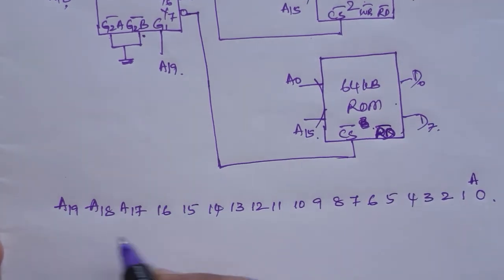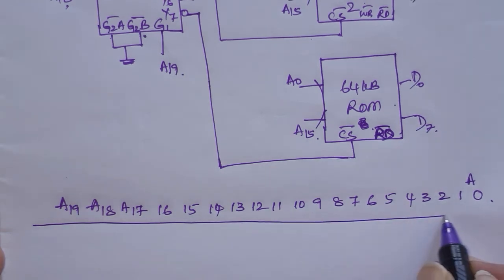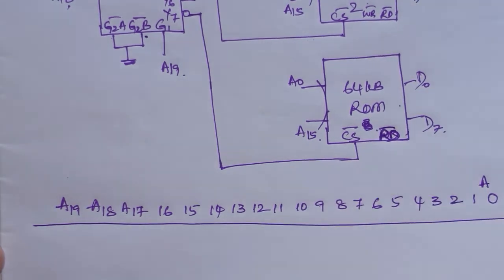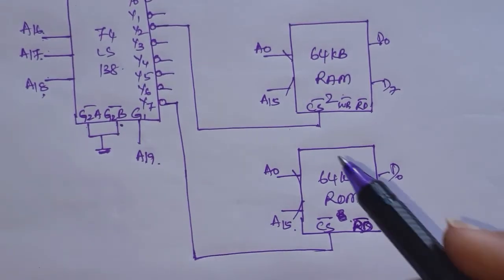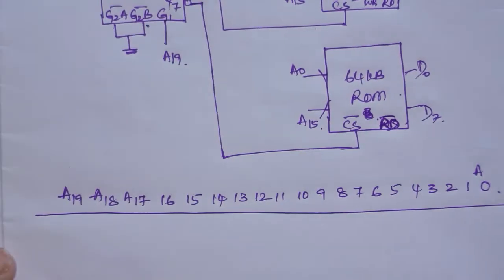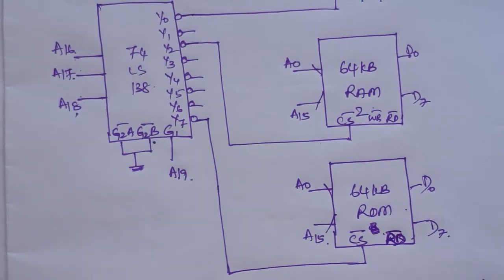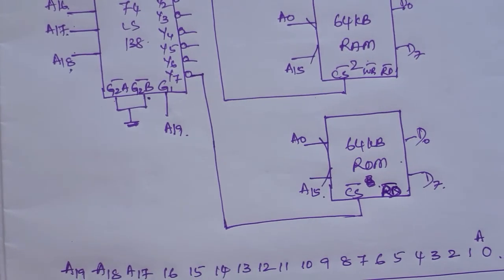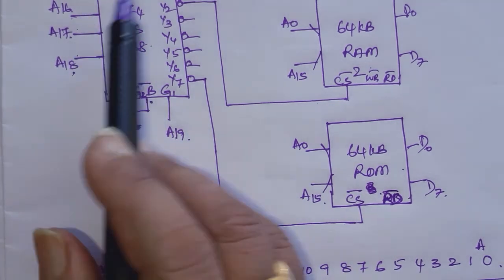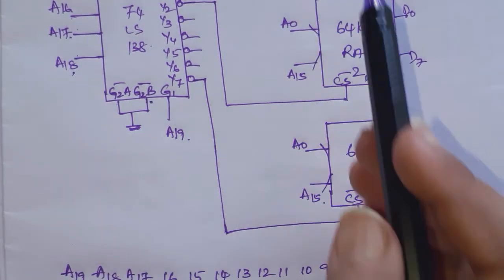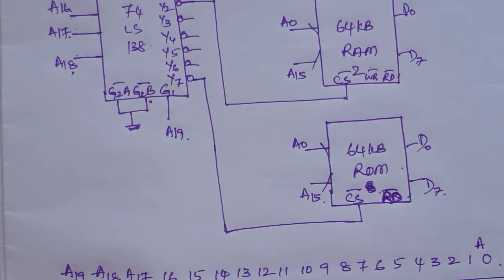For our design, the way in which we have connected the memory chips here, A19 must always be 1, then only this decoder will be enabled. Okay, now we'll see what the address range is for each one of these memory chips.